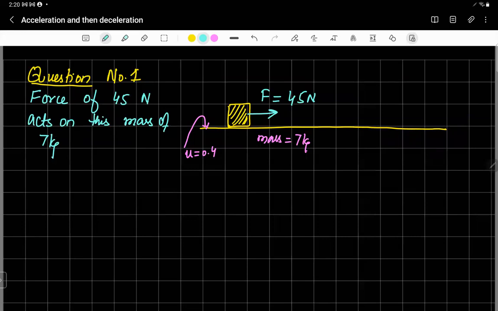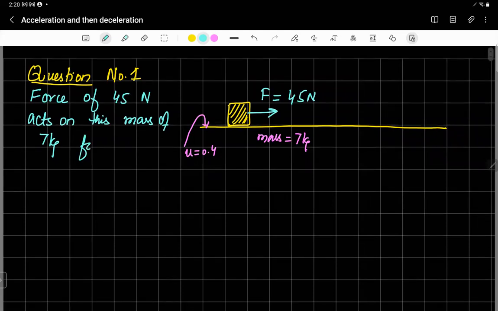The force of 45 Newton acts on this mass of 7 kg for 30 seconds. The question is, calculate the total distance traveled by this 7 kg mass.